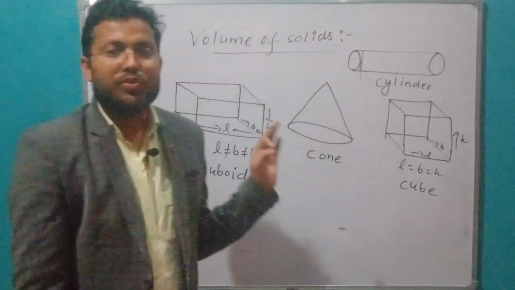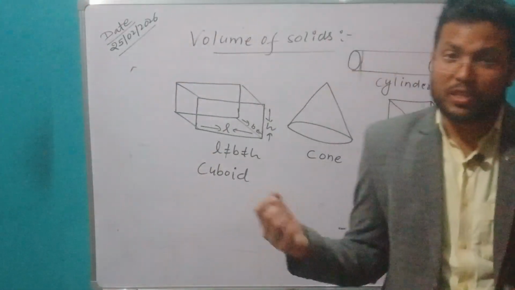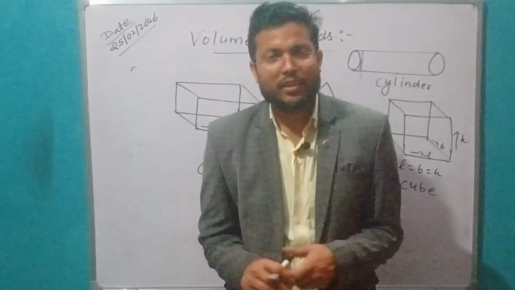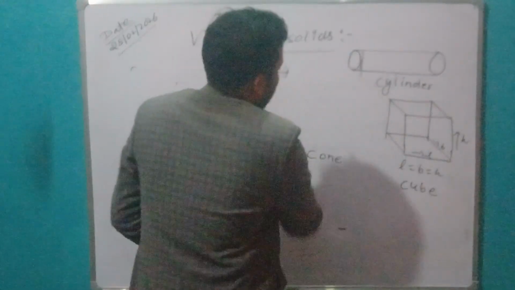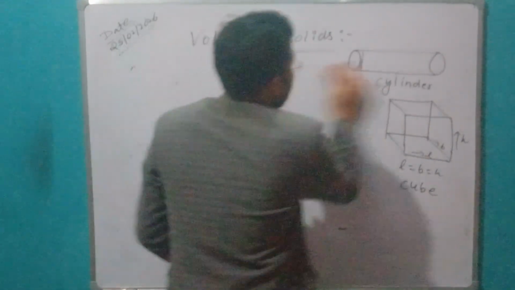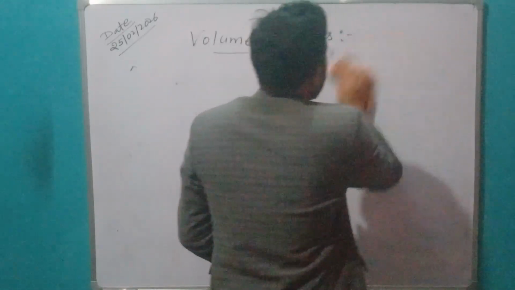What is the volume of the cube, cuboid, sphere, hemisphere, cone, cylinder? You see here. So I write here the volume of all the basic solid figures: volume of the cone, volume of the cylinder, volume of the cube and cuboid.